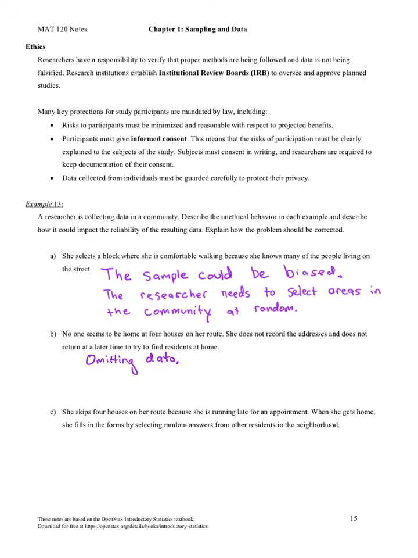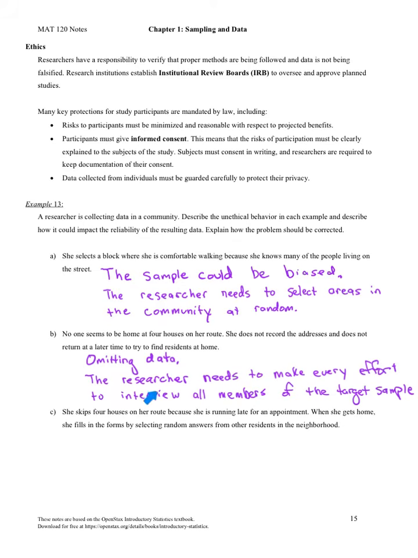Suppose the researcher is gathering information about jobs and childcare. By ignoring people who are not home, she may be missing data from working families that are relevant in her study. So what can she do to fix this? The researcher needs to make every effort to interview all the members of the target sample.